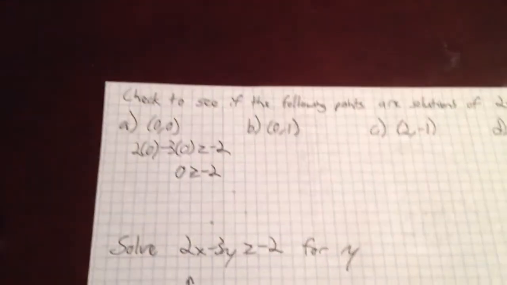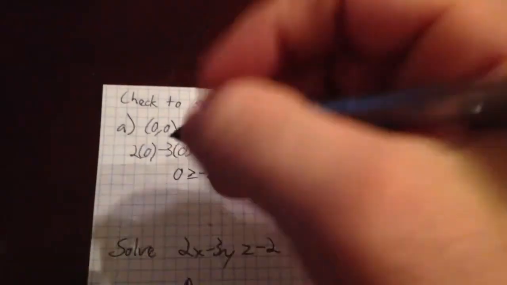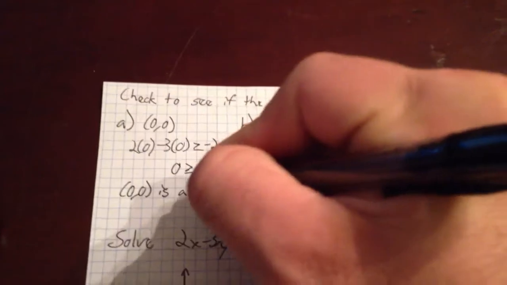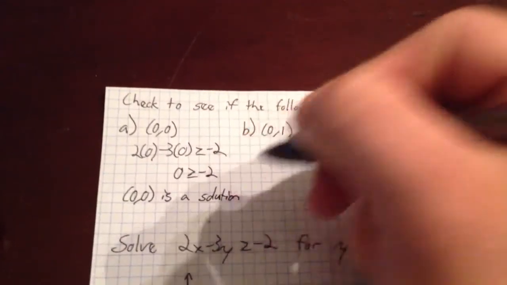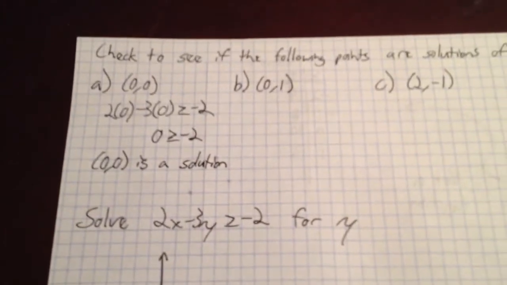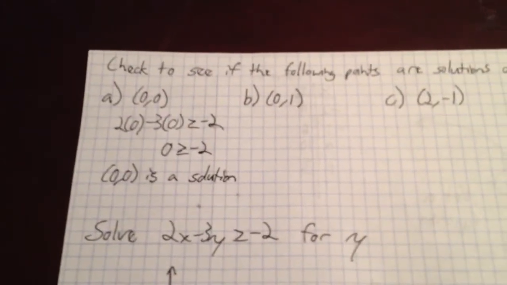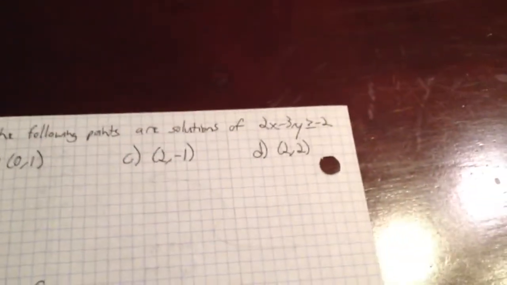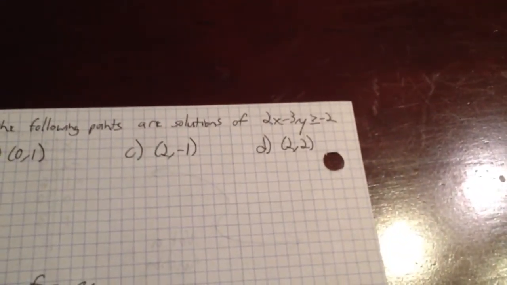If you look at that, 0 is truly greater than negative 2. That means (0, 0) is a solution. And yes, I did write it that way for a reason. It is a solution. It is not the only solution. We're going to talk in just a second about how to find all of the solutions for that inequality.